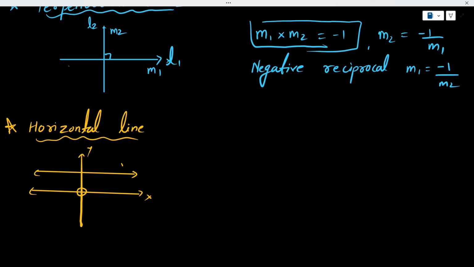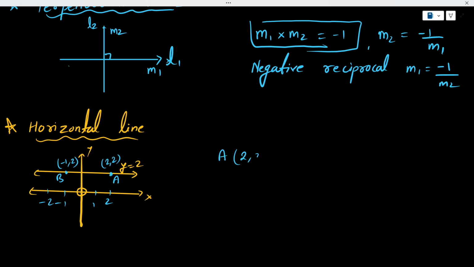If I'm writing y equals 2, you can take any 2 points here, because y is fixed. If I take this point, the coordinates are 2, 2 for point A, and another point is minus 1, 2, because y is fixed, right? So how do we calculate the gradient here?